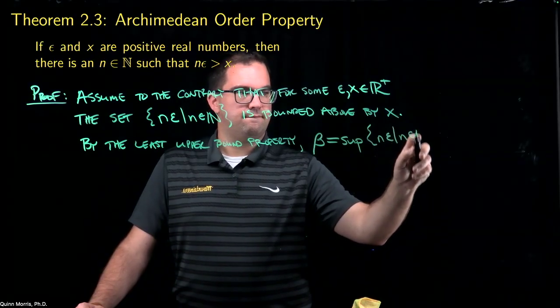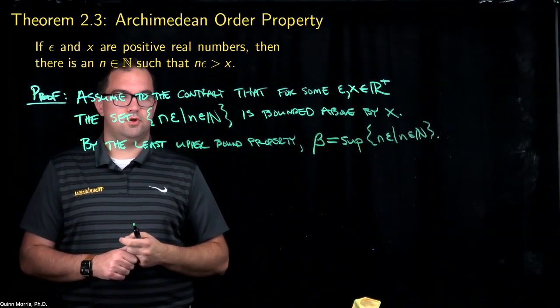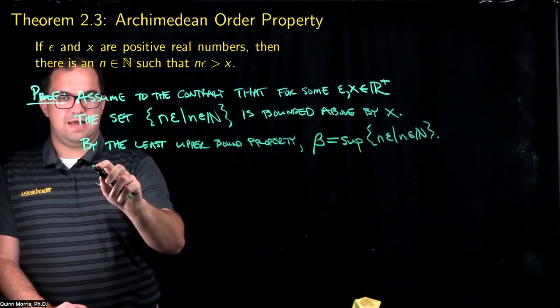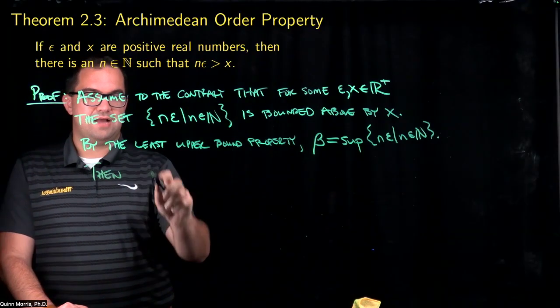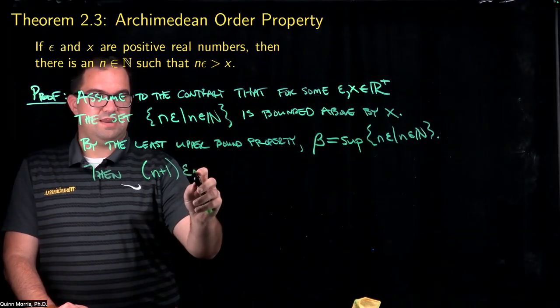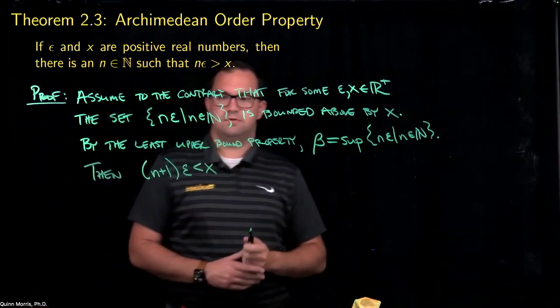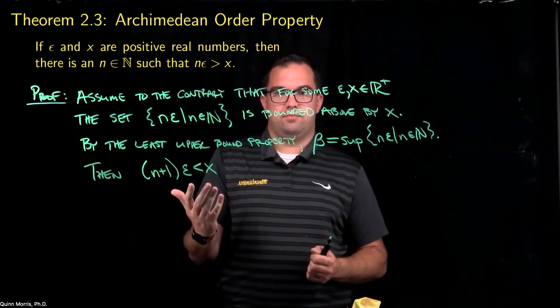All right. No problem. So what does that mean? That means that for any natural number, even the next natural number times epsilon must be less than beta, sorry, I said x, it should be beta here. If n is a natural number, then n plus 1 is a natural number.